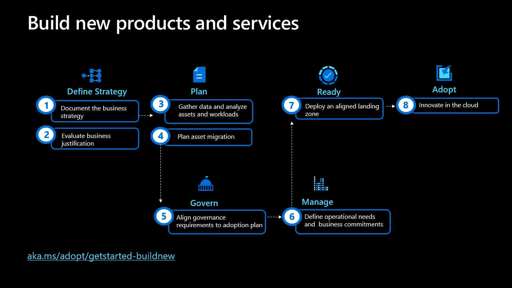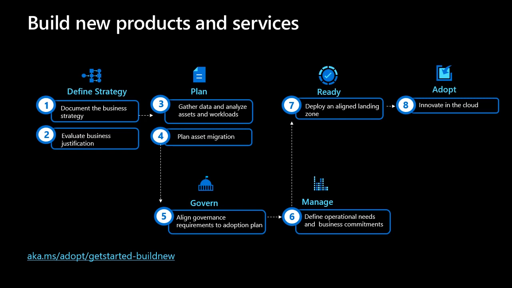If you want to build new products and services, so entirely build new architectures, build new applications on Azure instead of migrating anything that's currently existing, you notice we have the same cloud adoption framework pattern: define strategy, plan, ready, and adopt, govern, and manage, but it is now focusing on building new products and services.